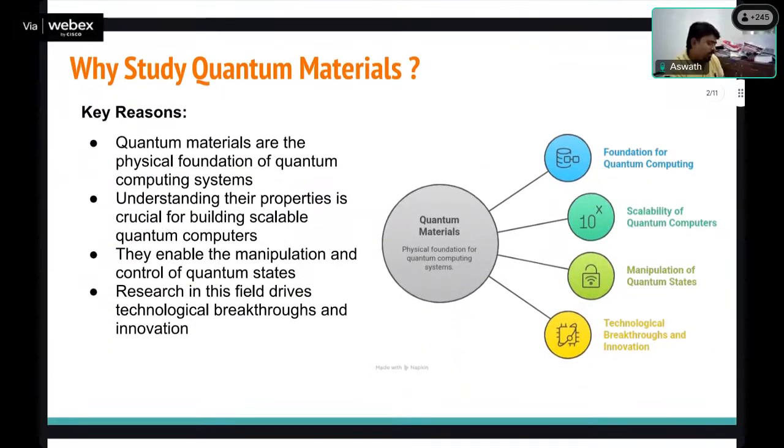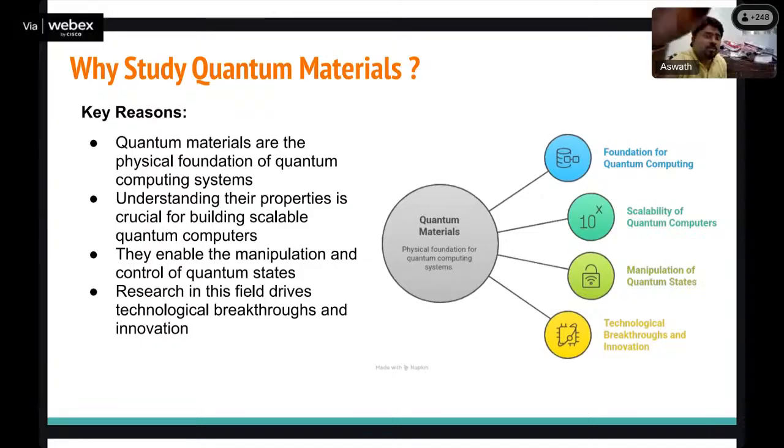Here you see, why do you need to study quantum materials? Actually, you are committed to quantum computing, but why do you need quantum materials? That's the question.